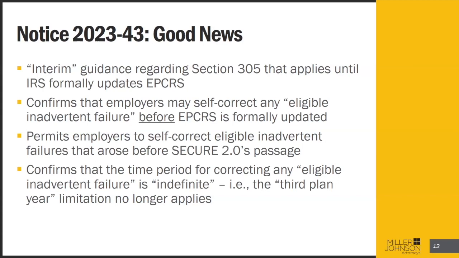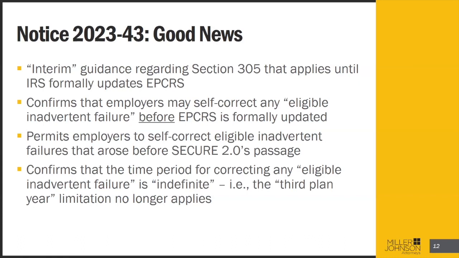This guidance is important because it confirms that you can self-correct any eligible inadvertent failure before the program's formally updated, which is helpful. Also, importantly, it confirms that employers are able to self-correct those eligible inadvertent failures, even if they arose before Secure 2.0 passed at the end of 2022. That was also one of the unknown questions.